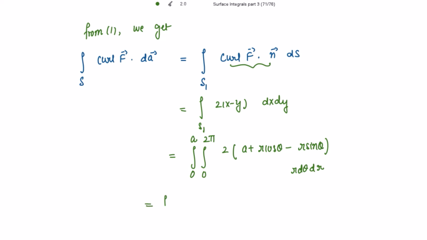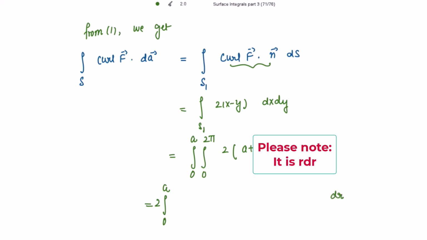And now integrating first with respect to theta, I'm taking 2 outside. This is dr. Okay, so this is a theta plus integration of cos theta is sin theta, so this is r sin theta, minus integration of sin theta is minus cos theta, right?